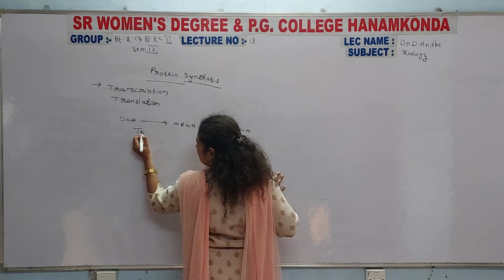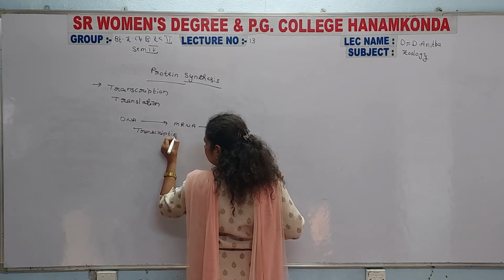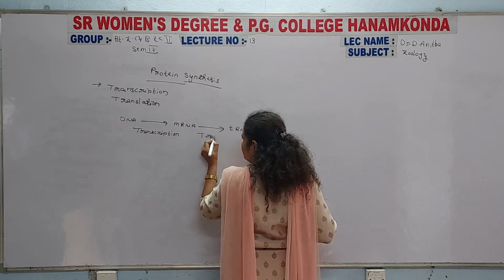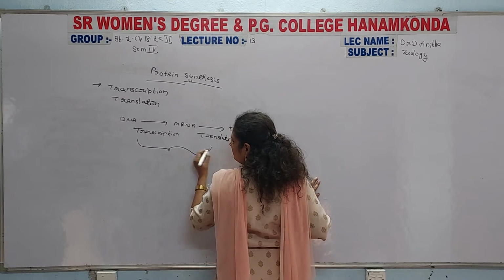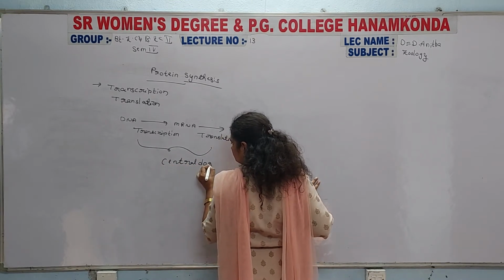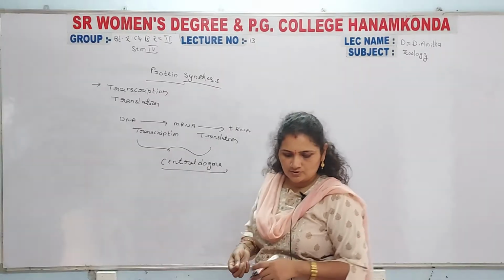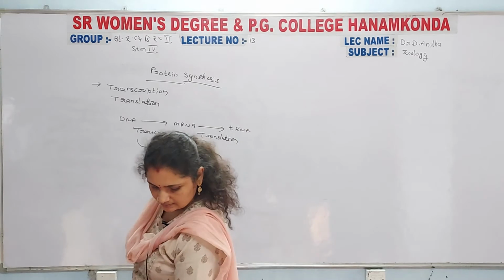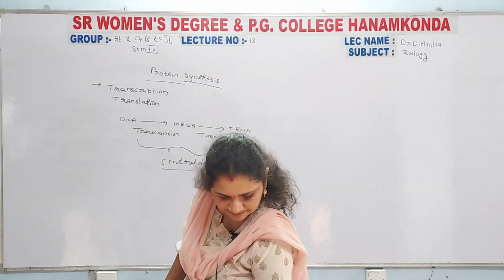The first step is considered transcription, and then translation. This whole phenomenon is considered the central dogma. So it is nothing but protein synthesis, and it plays a major role.